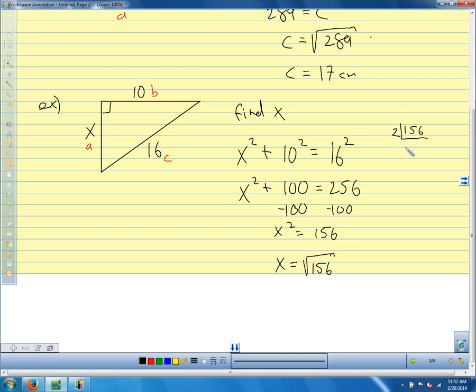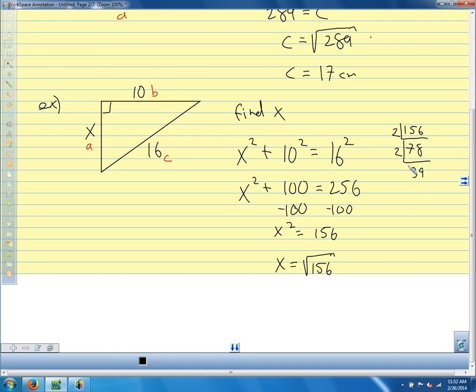156 divided by 2 is 78. We can divide 78 by 2, and we get 39. We can divide this by 3, and we get 13. 3 and 13 we can't take the square root of easily, so I'm just going to leave it like this.